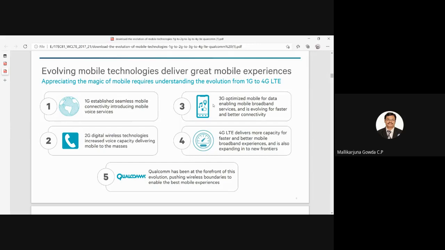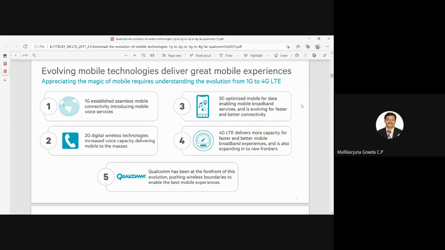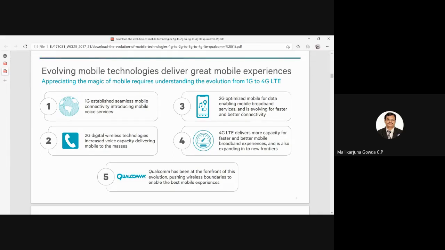And 3G provides optimized mobile for data, enabling mobile broadband services, and is evolving for faster and better connectivity. And 4G, that is LTE, delivers more capacity for faster and better mobile broadband experiences and is also expanding into newer frontiers.